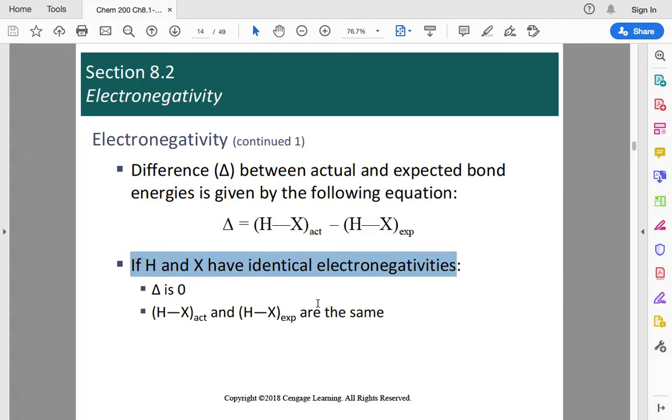So for example, if I have a chlorine and a chlorine, even though we'll learn that chlorine is a very electronegative atom, that means that it really likes to hold on and pull electrons. If it's pulling electrons against another chlorine, then both of those chlorines are pulling equally. So there would be no difference in the electronegativities. So overall, those electrons are stuck in the center of the bond.